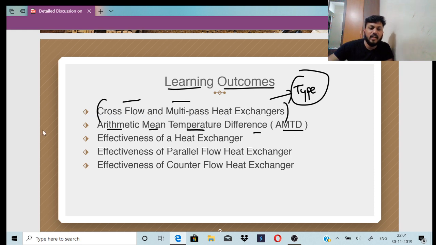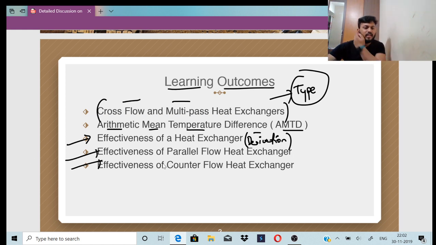We will also see what is the effectiveness of a heat exchanger, and we will solve the derivations for the effectiveness of a parallel flow heat exchanger and the effectiveness of a counterflow heat exchanger. Along with this, if time permits, I will be solving 5 problems with regard to heat exchangers.